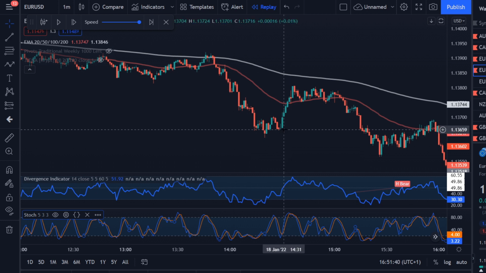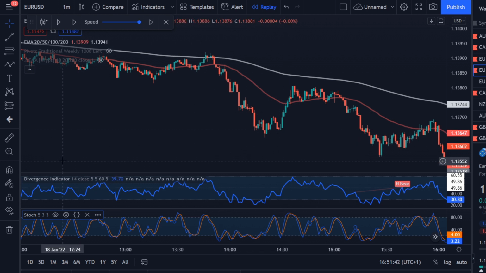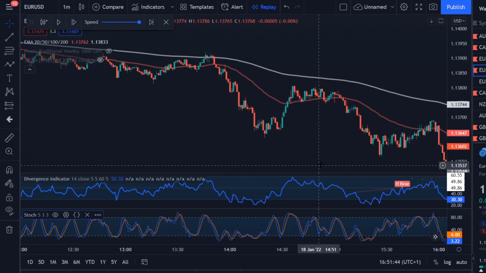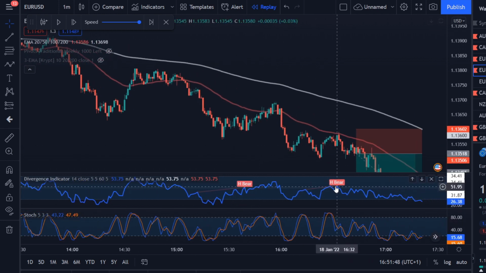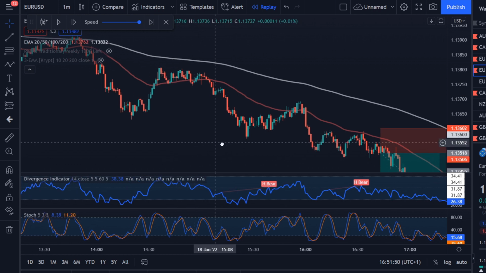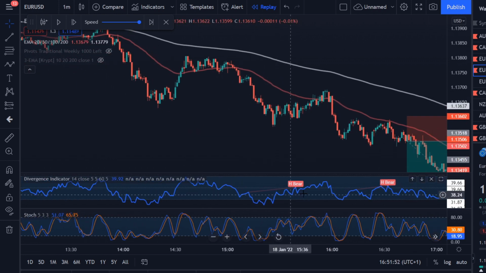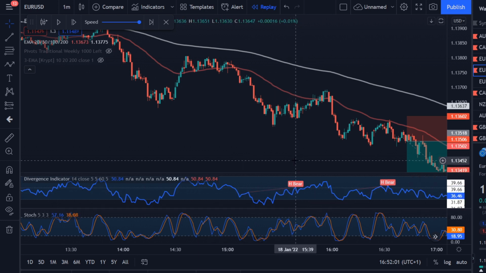Next, we look for hidden divergence. So as you can see, it shows a H bear and also a red color. So when this signal appears, we will take a sell order, right? But we only enter because this is a nice confirmation, but it's not the only confirmation we're looking for.